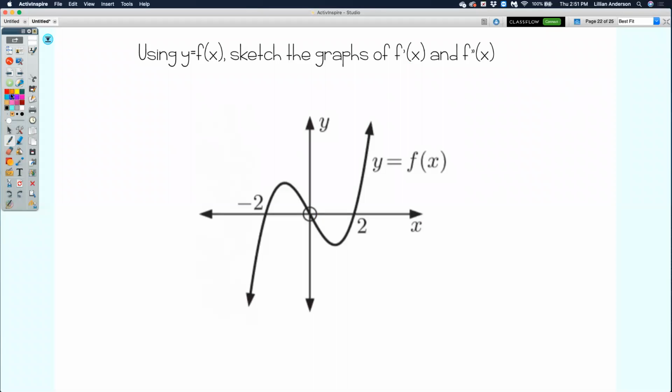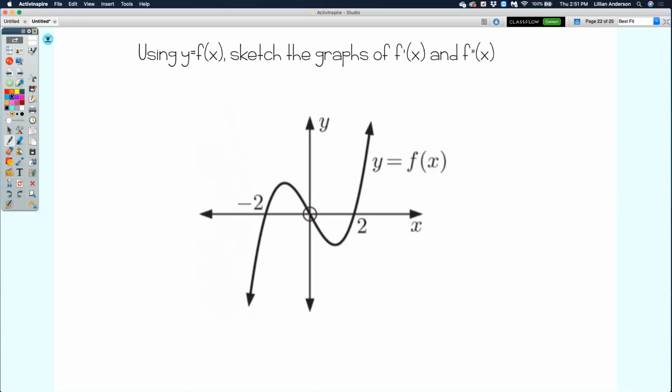What do you see? Critical points at plus or minus 2. Ooh, now careful, these are -2 and +2. Those are x-intercepts on the original function. Those actually don't have any effect on our first derivative or our second derivative.